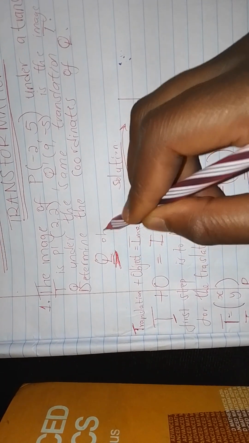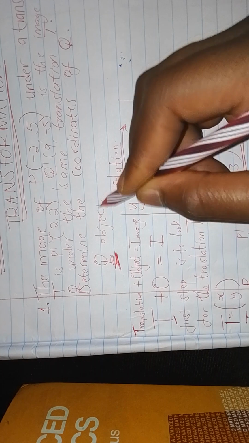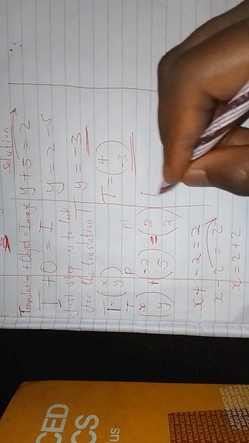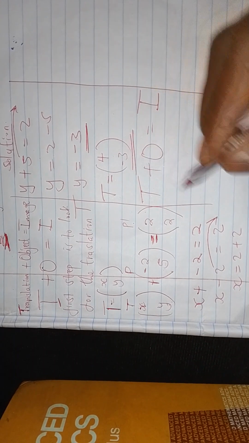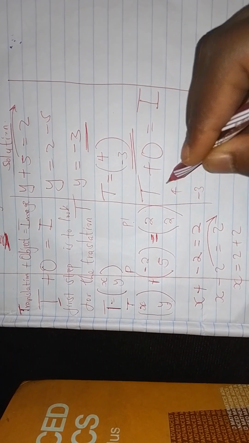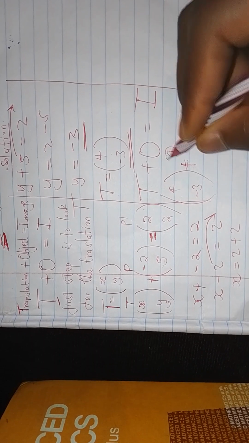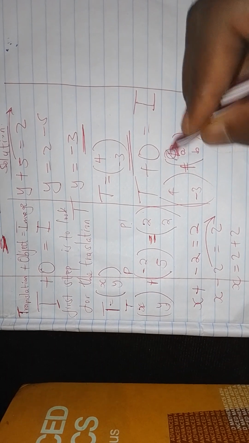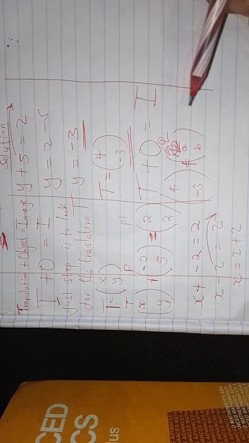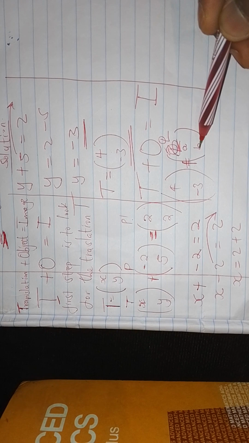Now let's look for the Q object. Because we know translation plus object is equal to image, we know the translation (4, -3) plus the object Q. You can put the coordinates as A and B, because we don't have the Q object's coordinates.